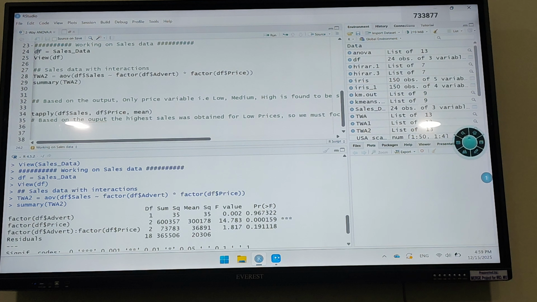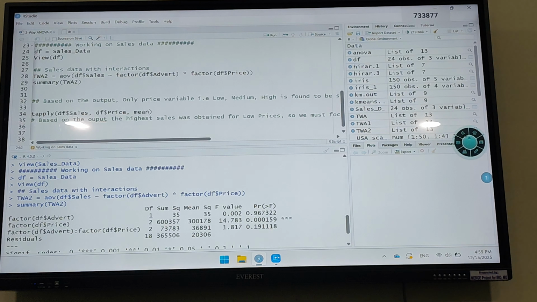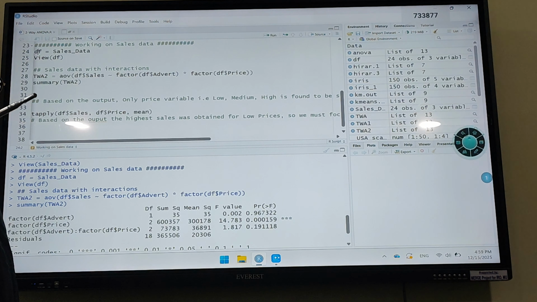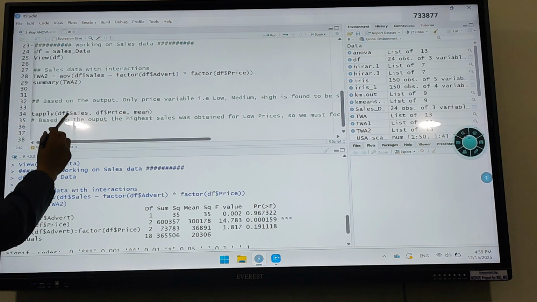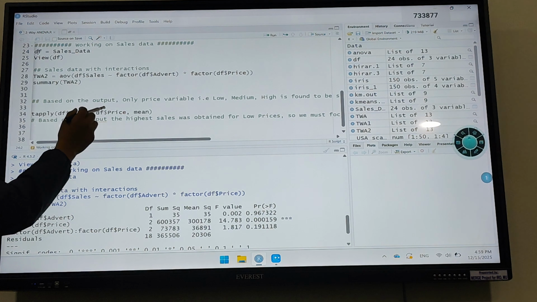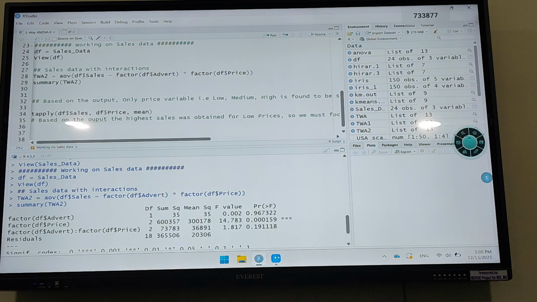When price has a different value, sales might also increase or decrease. Sales get affected by price because it has a different mean, since the p-value is significant. So we use the tapply function, where we keep sales and the independent variable that is significant, which is price, and we give the command mean and see.